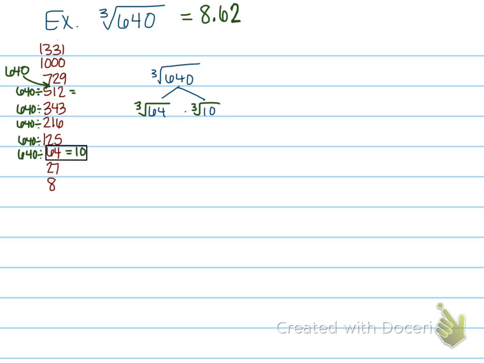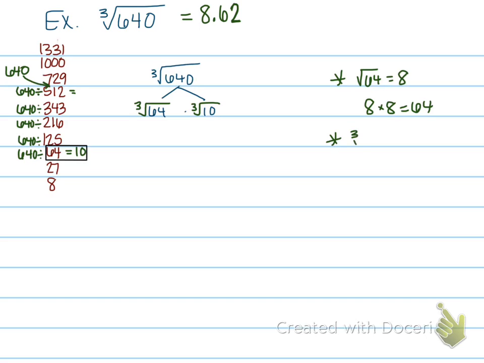One of these will simplify. Right now is a great time to notice that 64 is both a perfect square and a perfect cube. Be careful not to get these confused. The square root of 64 is equal to 8 because 8 times 8 equals 64.